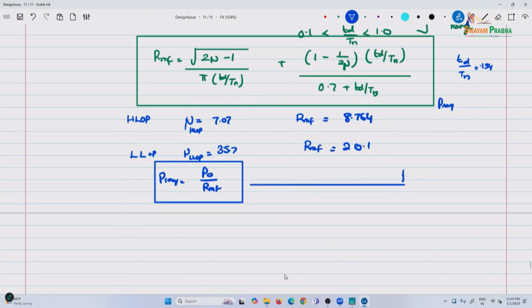So P naught, I have calculated it, comes to 116 kips. And 117 kips. So P naught is equal to Pi multiplied by the tributary area is equal to 117 kips. So this would be 117 divided by 8.764, and this is 117 divided by 20.1.